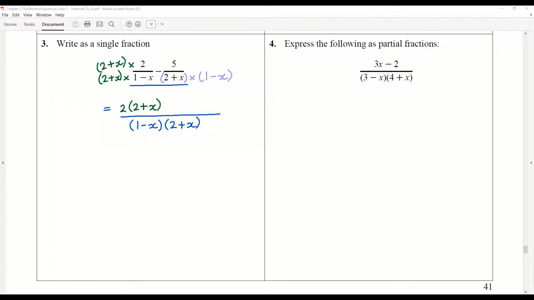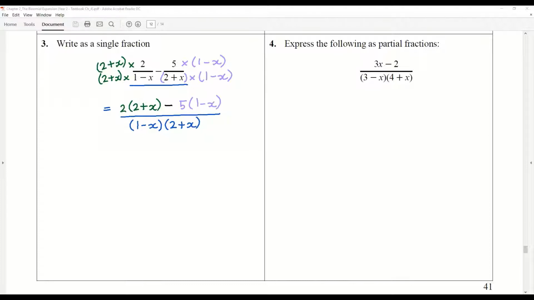So I have to do the same thing to the numerator in order to make sure that this is an equivalent fraction. And it's a subtraction, so it's going to be subtract, and let's write it in again. It's going to be 5 multiplied by 1 subtract x.